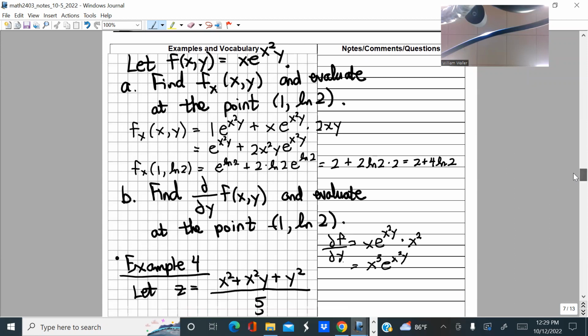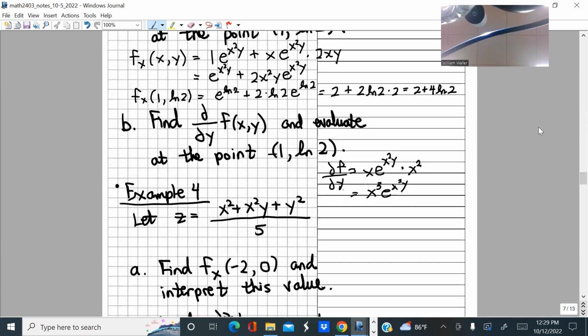Very convenient to evaluate at this point. Let me show you how you would write that, by the way. In this archaic notation, you would write partial f, partial y, evaluated at, what's the point? 1 and natural log of 2. You put that vertical bar, and then you put your input there as a subscript to the vertical bar.